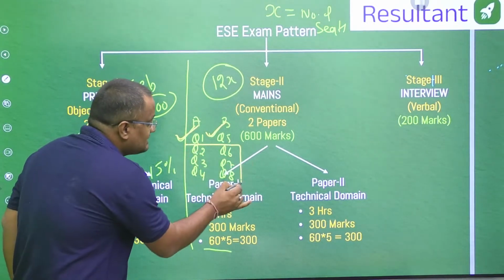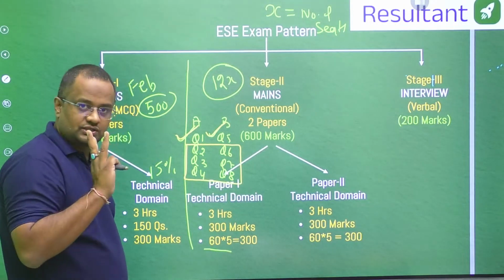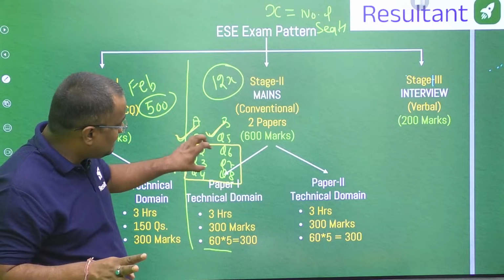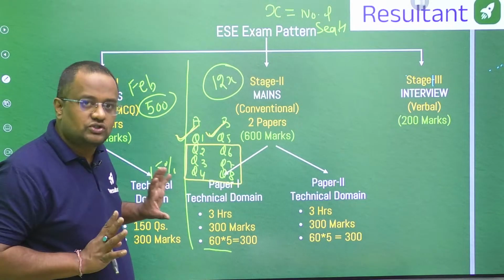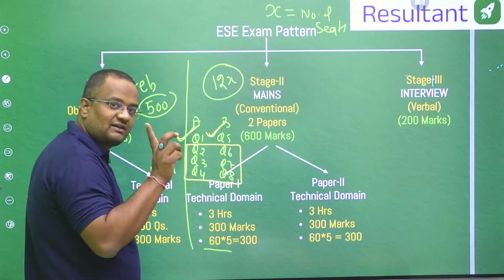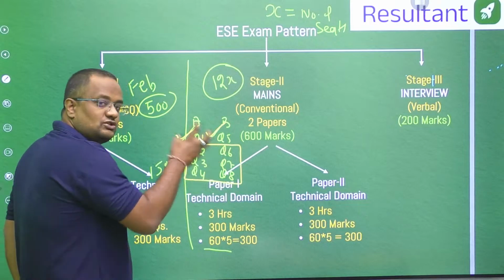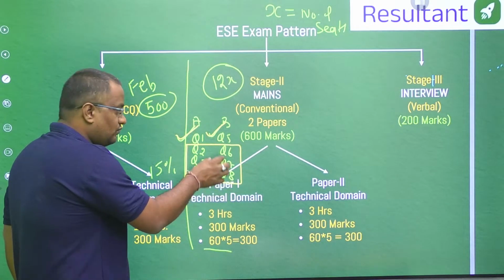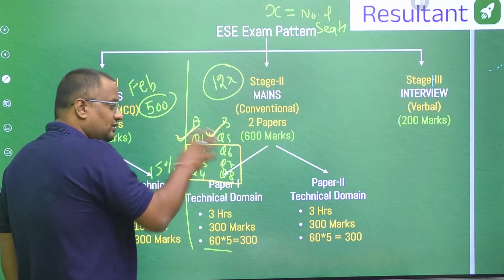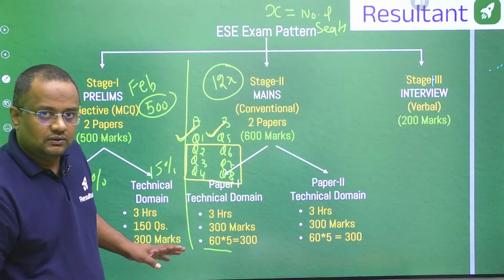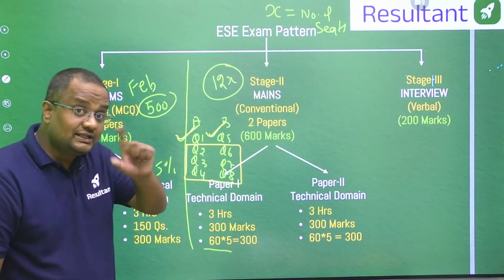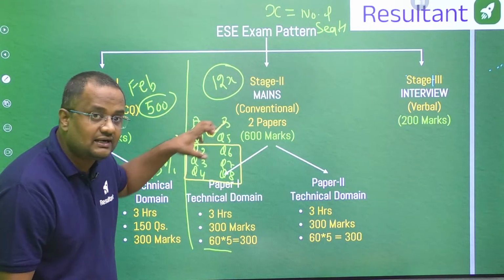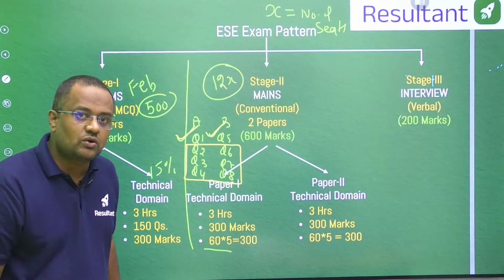Out of the remaining 6, you have to take 3 questions, and those 3 should be such that from part A and part B, at least 1 question is taken. So those 3 cannot all be from the same part: at least 1 from here and 2 from here, or 1 from here and 2 from here. Usually this cutoff also depends on question 1 and 5, because these are compulsory. If they are very, very hard, the cutoff goes down drastically.